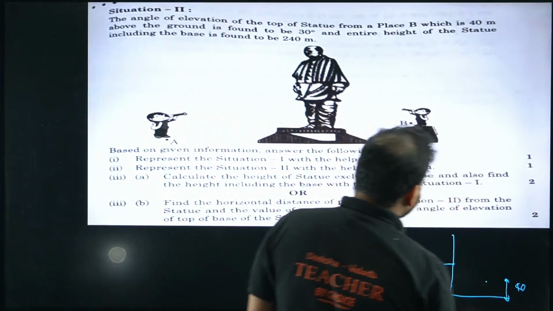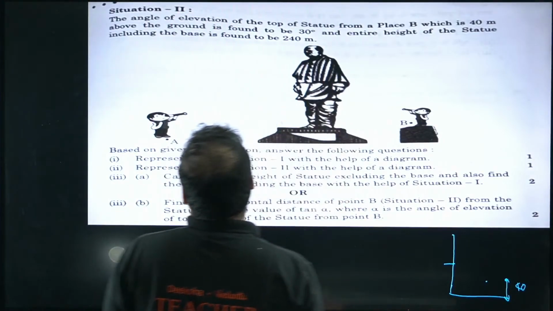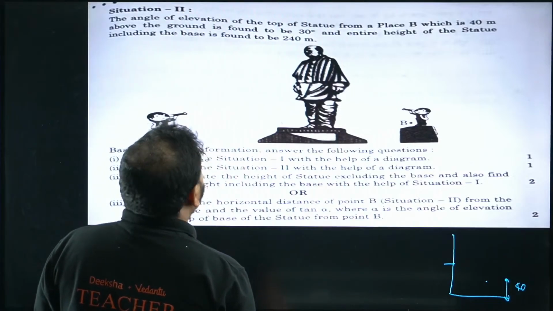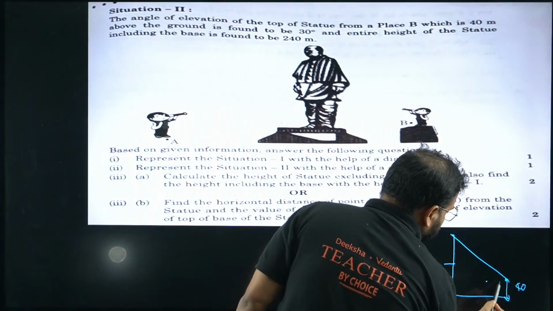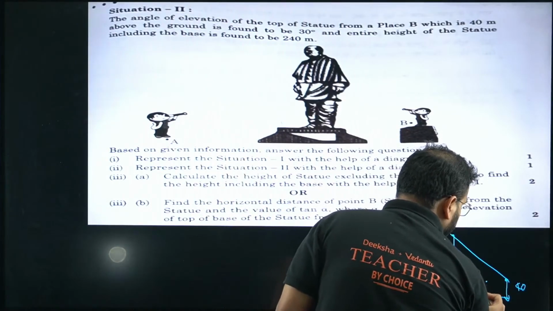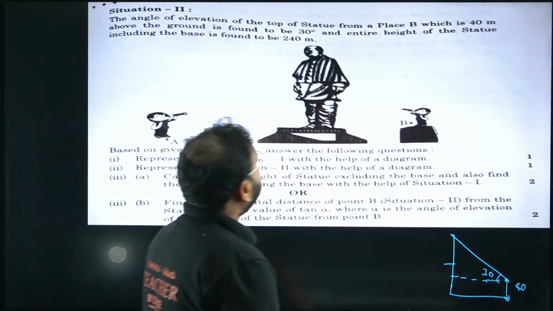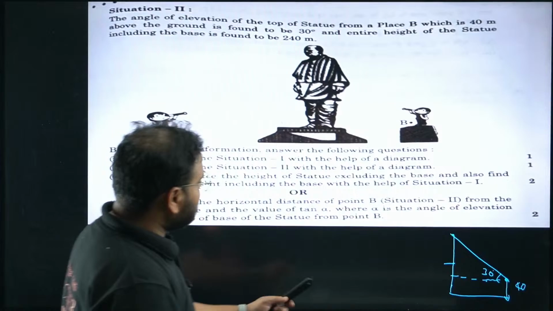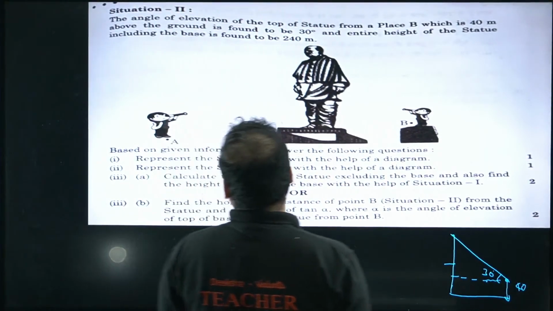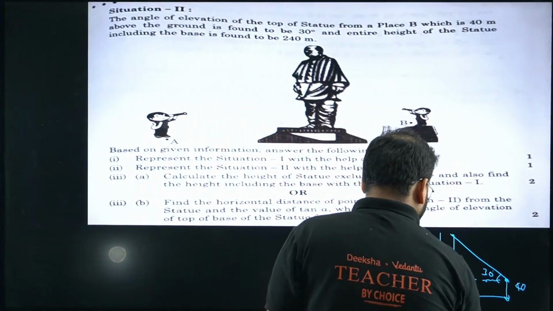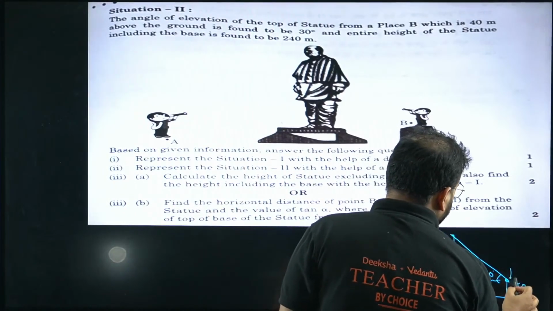This distance is not known, but they've given the angle of elevation of the top of the statue, which will turn out to be 30 degrees. And the height of the statue is found to be 240 meters. This is point B.